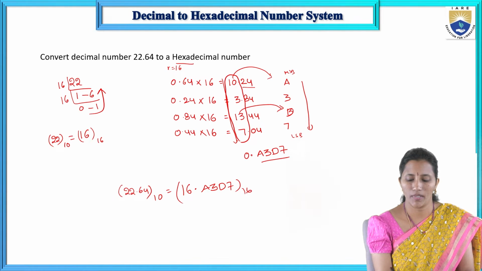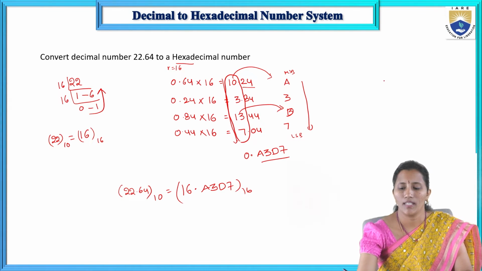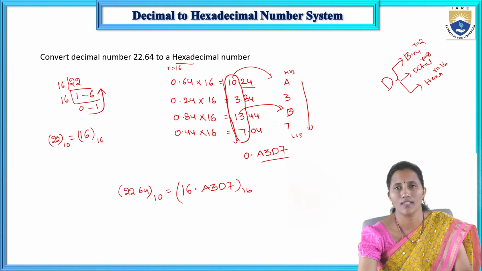So base 16. So simple, just for converting decimal to any number system, binary or octal or hexadecimal. First, for the integer part, we have to divide that number by the radix. For binary the radix is 2, for octal the radix is 8, for hexadecimal the radix is 16.